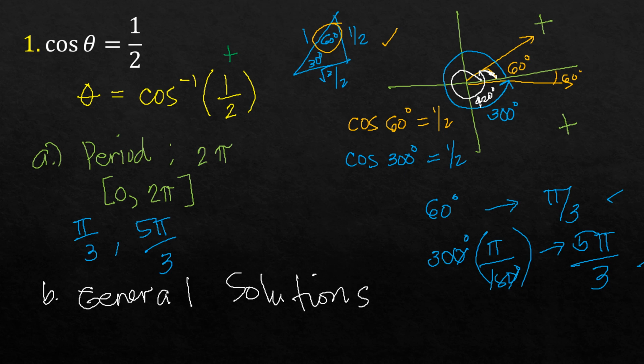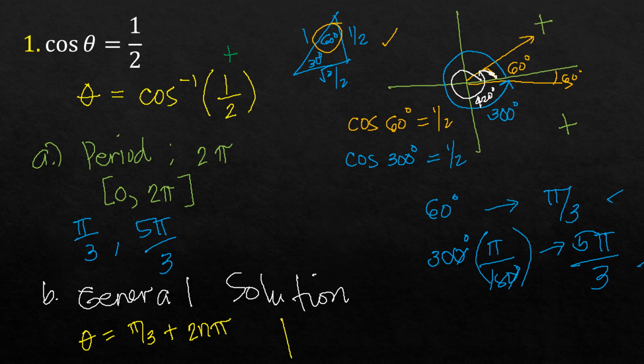The general solution for the cosine function is now being represented by theta is equal to pi over 3 plus, because you keep on rotating n number of revolutions, 2n pi.